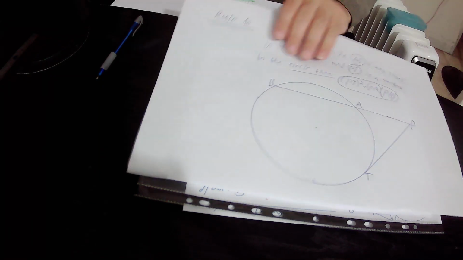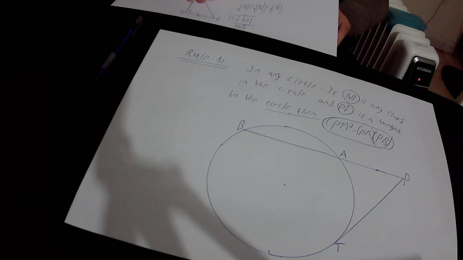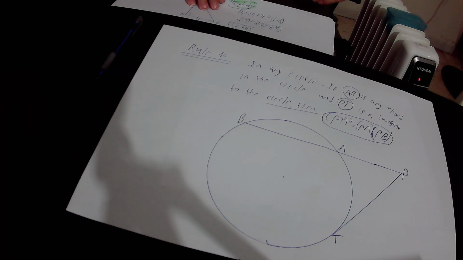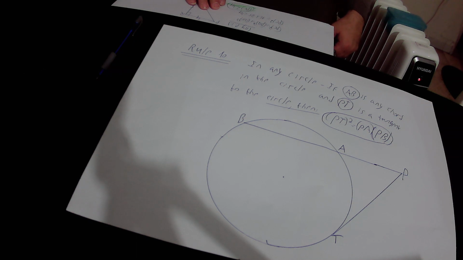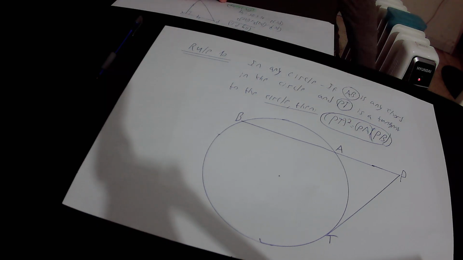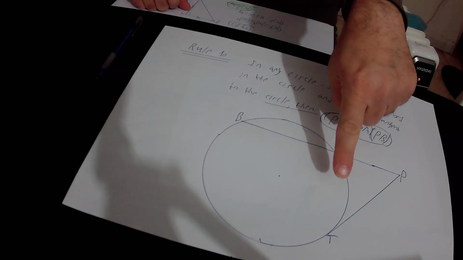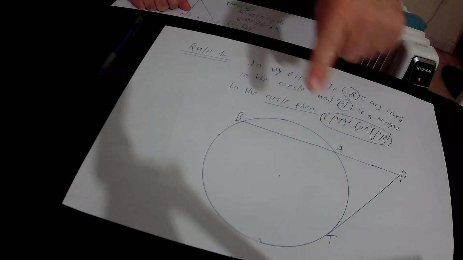According to rule number 10, in any circle, if AB is any chord in the circle, and PT, here, AB is a chord in the circle, and tangent PT is tangent to this circle at point T. Point T is the point of tangency.